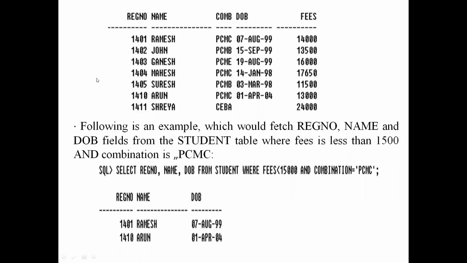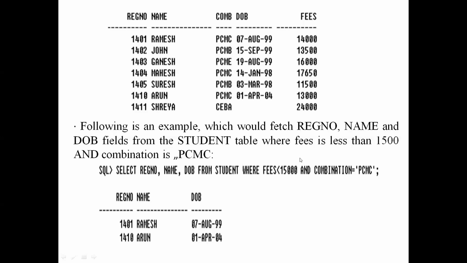If you observe these three in the original table, then check this statement here. We want to display three columns of information. The conditions are that the fees must be less than 15,000 and the combination must be PCMC.